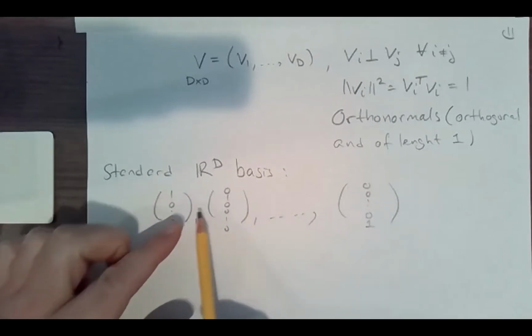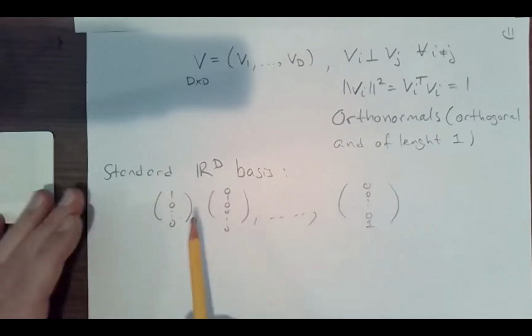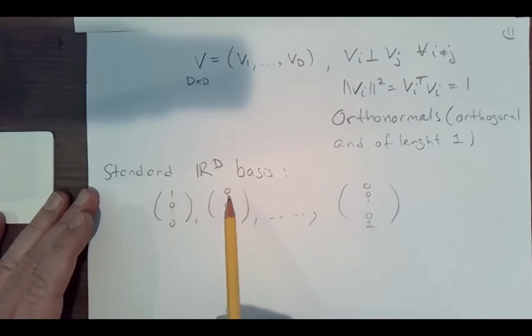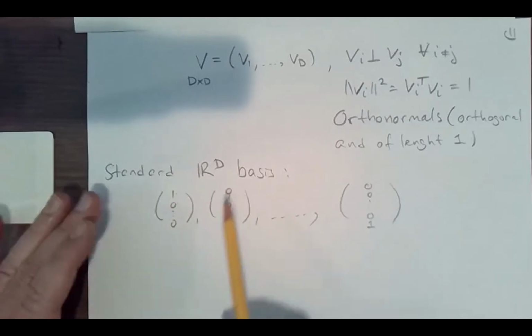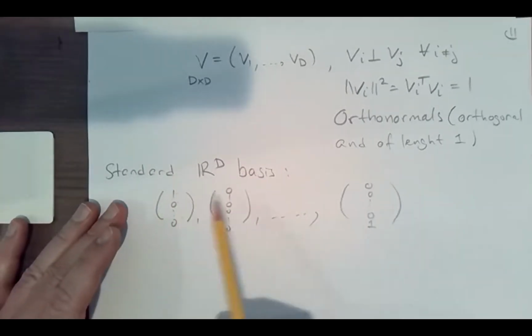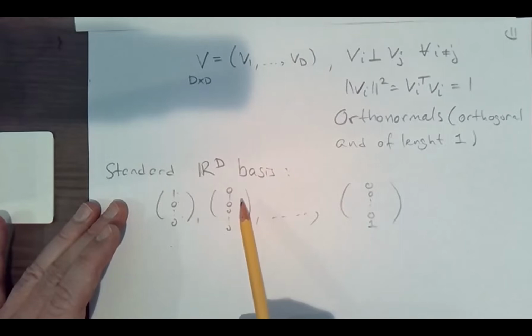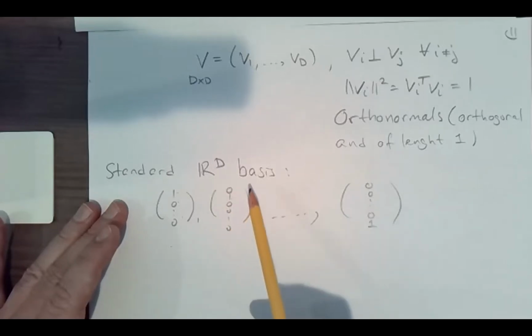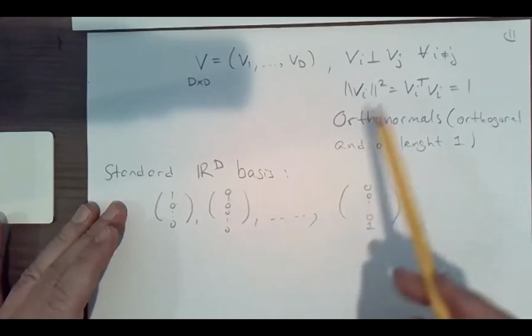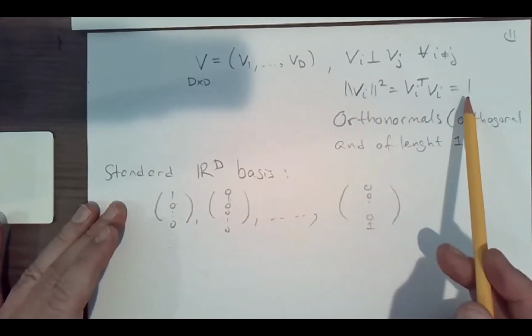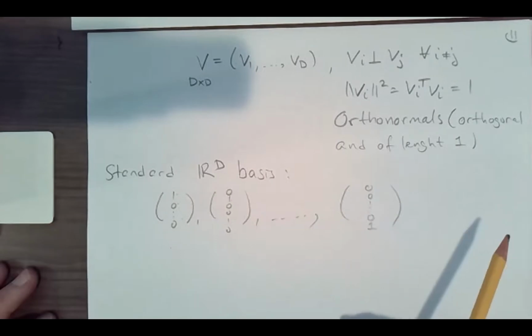When I take the inner product between this one and that one, I get 1 times 0, 0 times 1, and 0 times 0, and so forth. I add them up and get exactly 0. If I look at the length, it's 0 squared, 1 squared, 0 squared, and so on, so the length is exactly 1. That's the standard R^D basis.